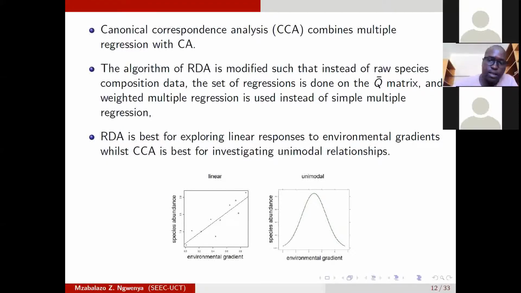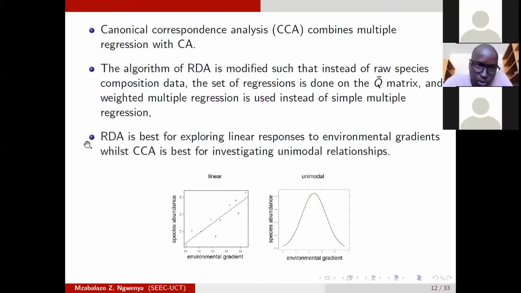Note that the algorithm of RDA is modified such that instead of the raw species composition L matrix, the set of regressions is done on the Q matrix, our species traits matrix, and weighted multiple regression is used instead of simple multiple linear regression. We're weighting using the row sums. It's a nice detail, but it's not so important for us.